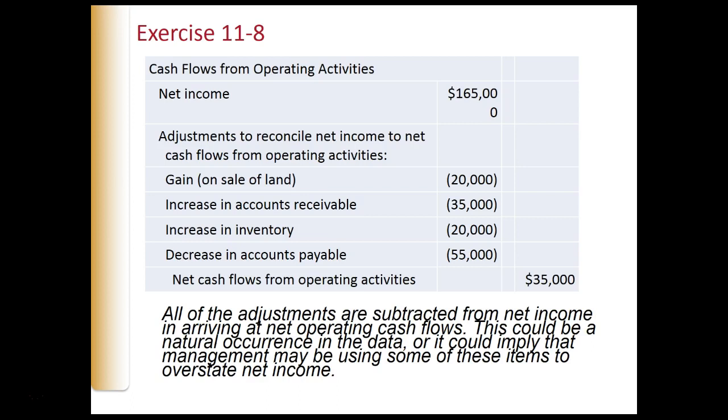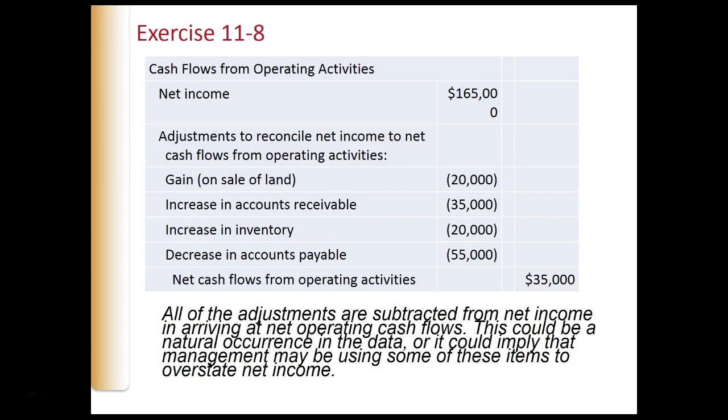So when we have an increase in accounts receivable, we subtract that from our net income to come up with our net cash flows. When we have an increase in inventory, we're going to also subtract that from our net income. And when we have a decrease in accounts payable, we're going to subtract that also.